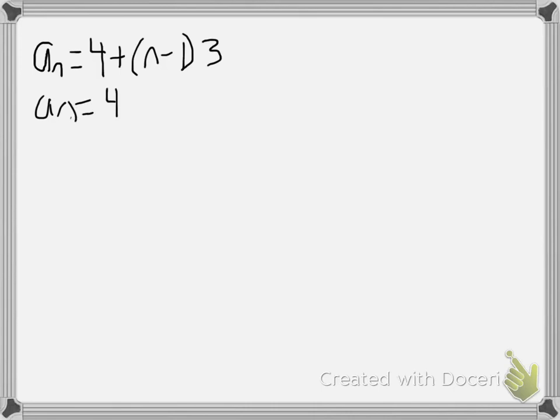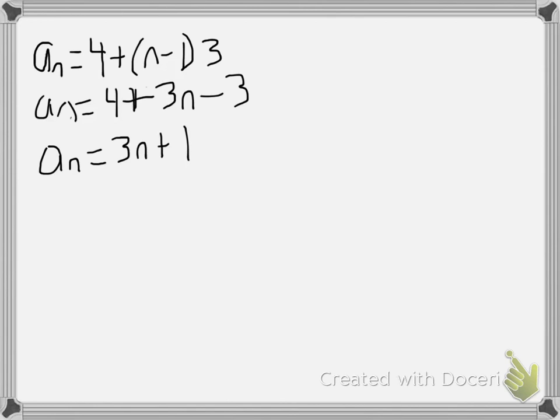All right, so again, we have to figure out what the formula is, and we know how to do that. So I'm not going to write the formula all the time. That's going to be 4 plus n minus 1 times 3, or a sub n is equal to 4 plus 3n minus 3, where a sub n is just simply 3n plus 1.